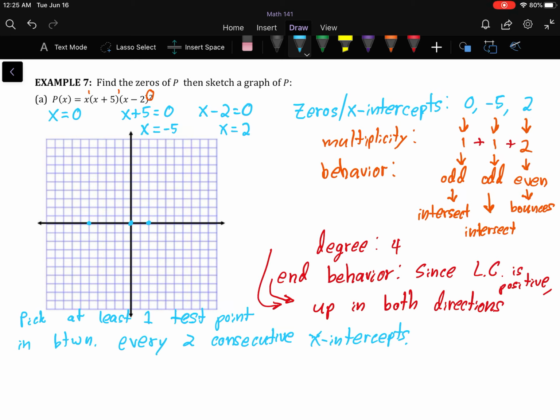So since we have -5, 0, and 2, we'll just pick easier numbers. We don't have to say -2.5. We can just say -2.